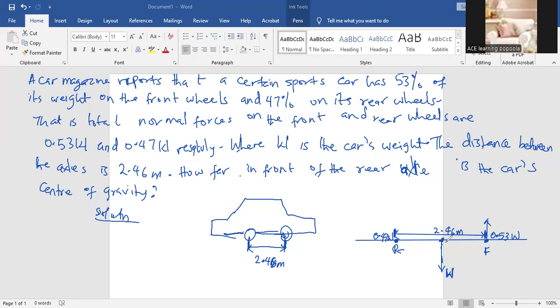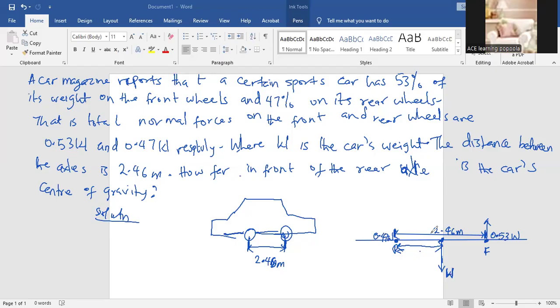But because of this unbalanced distribution of weights, the new center of gravity will be somewhere between where the center of gravity should be and the rear wheel. So it's going to be somewhere here. So this is what you're asked to find. Okay? Where it will be.